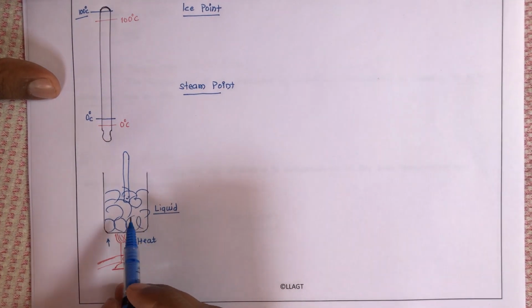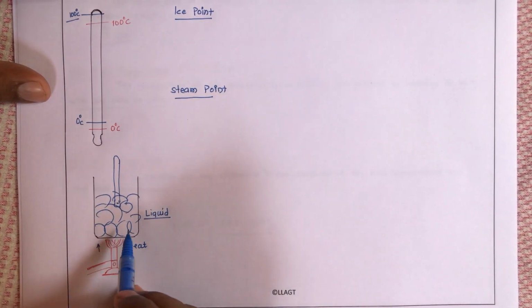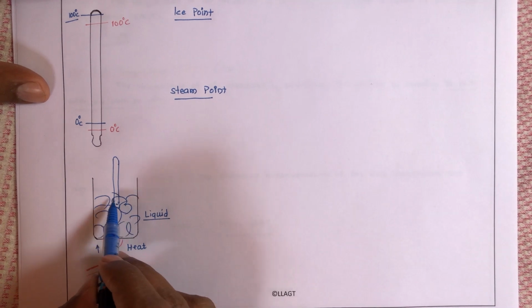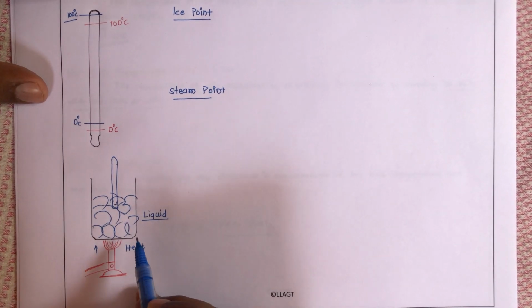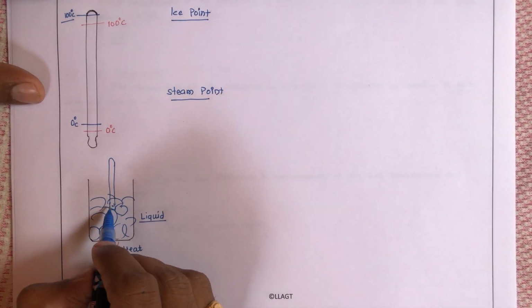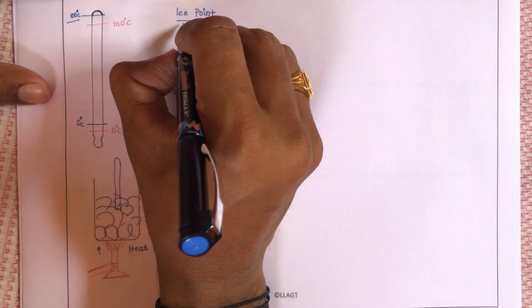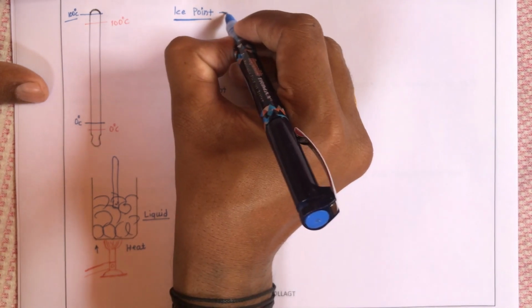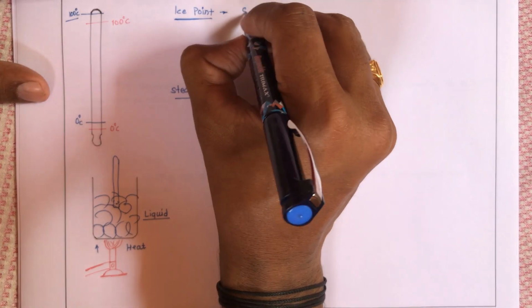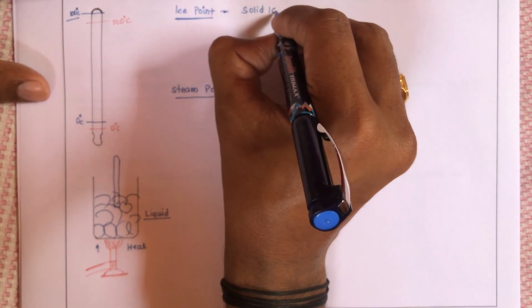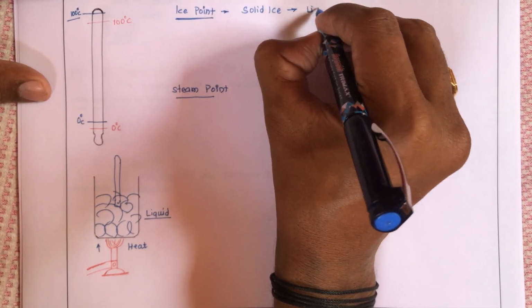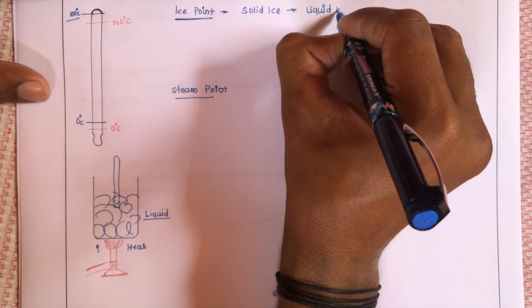Now here I have placed the thermometer. Until and unless all the solid ice is converted into liquid, the same reading will be shown on this thermometer, and that point is the ice point. Ice point is a point at which all the solid ice is converted into liquid water.